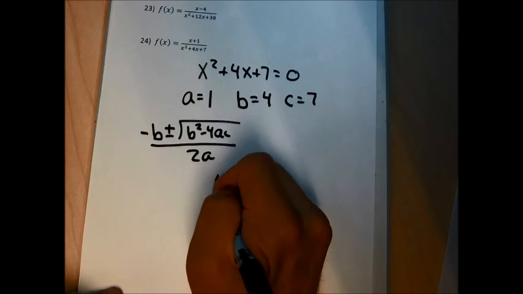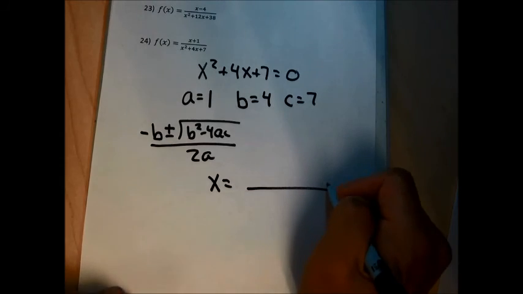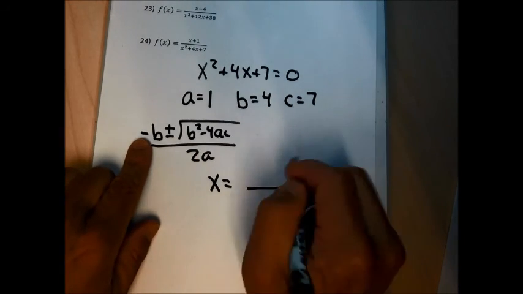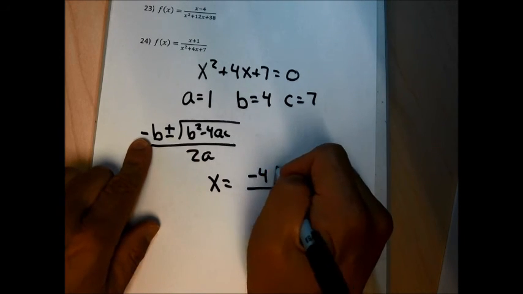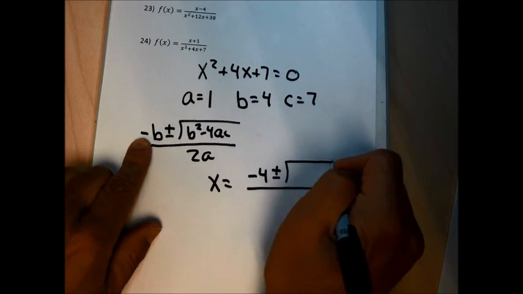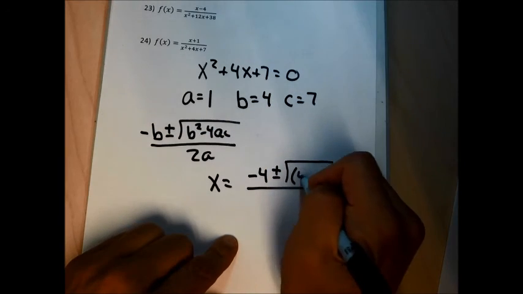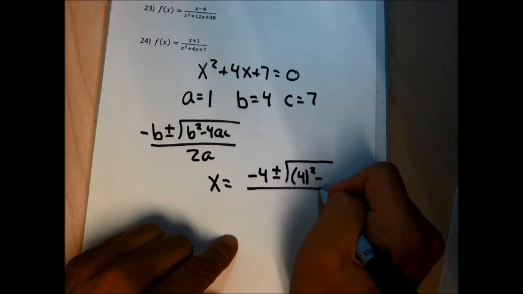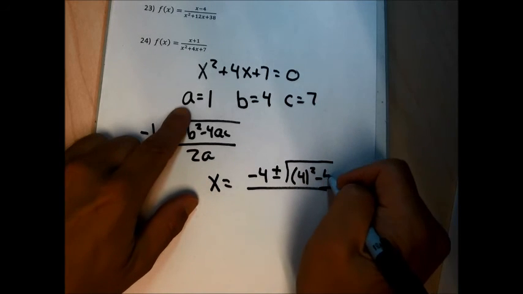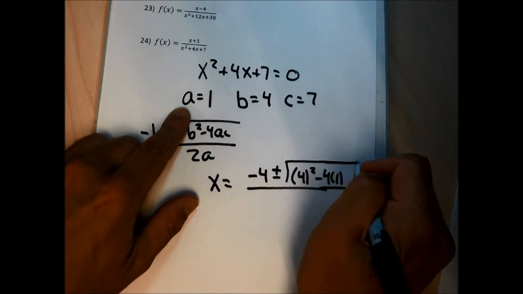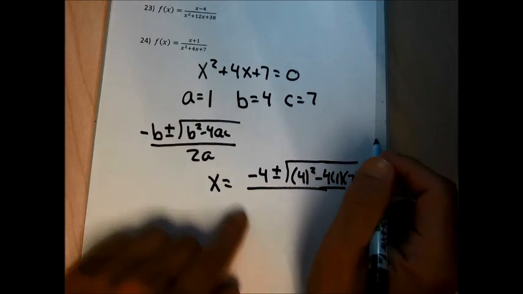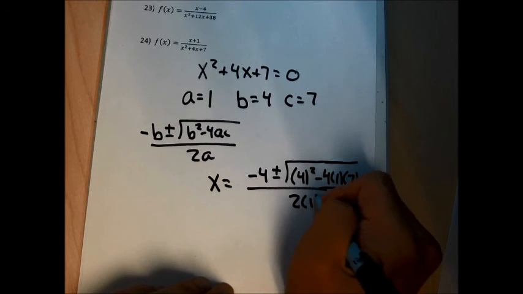So I'm going to get x equals a fraction, b with a negative sign in front of it, so negative 4, plus or minus the square root of b squared, which is 4 squared, minus 4ac, which is 4 times 1 times 7, all over 2a, which is 2 times 1.